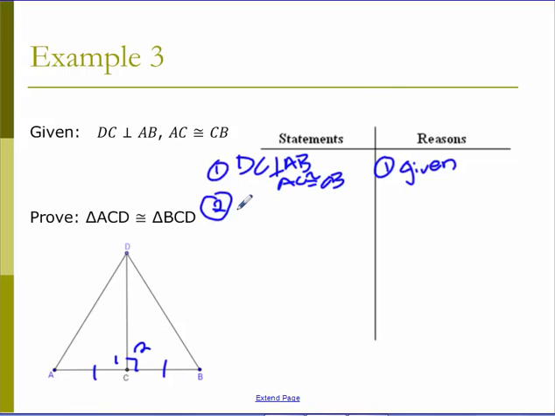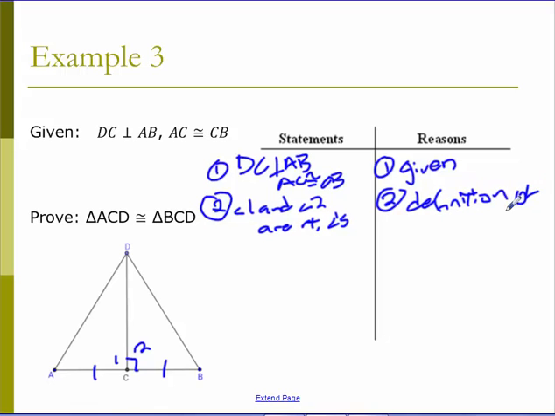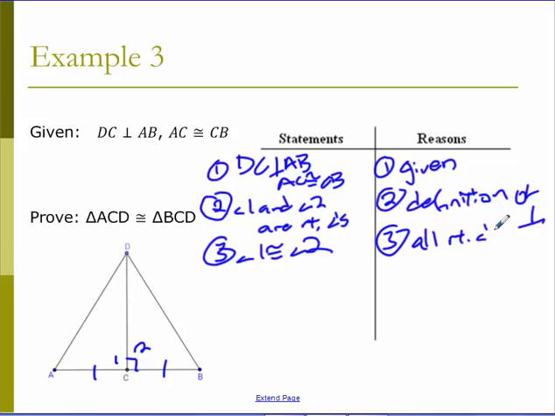So I'm going to number those 1 and 2. Angle 1 and angle 2 are right angles. And the reason they're right angles is definition of perpendicular. And now that they're right angles, 1 and 2, I can say that 1's congruent to 2. And the reason they're congruent is all right angles are 90 degrees, so all right angles are congruent.